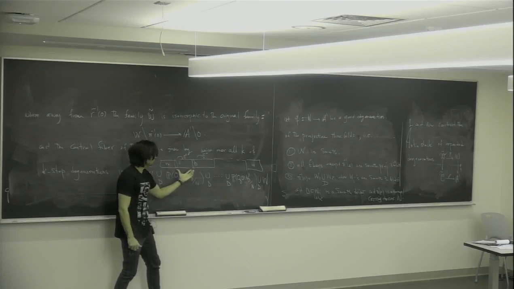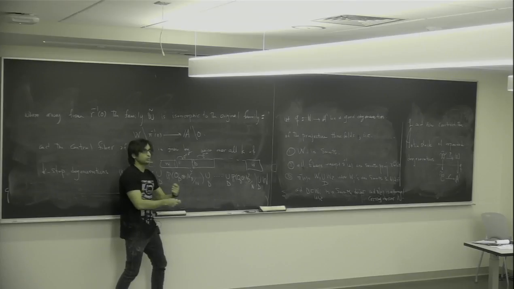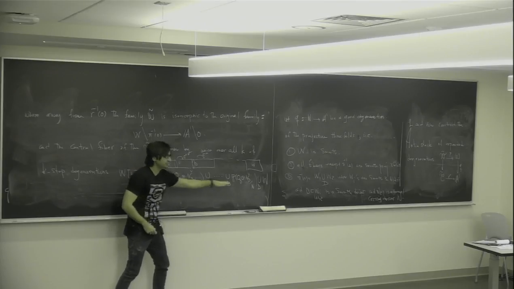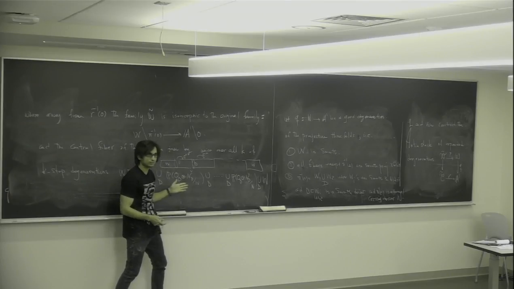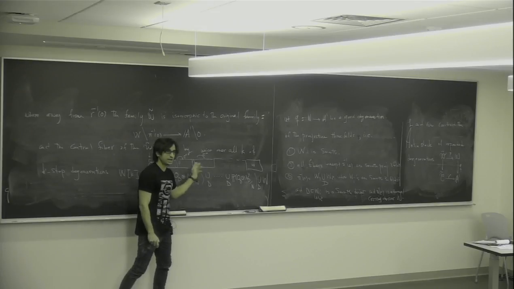And eventually you would like to look at all possible such things up to reparameterizations of the base, which is A1. So you need to mod out, in some sense, by this action of C star.